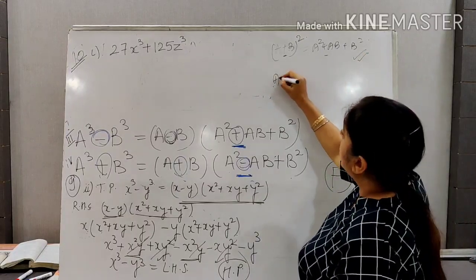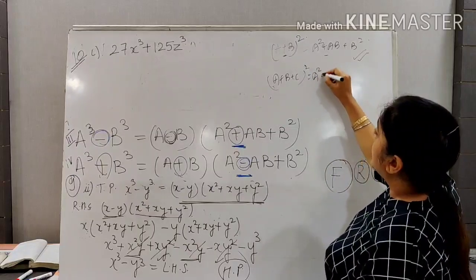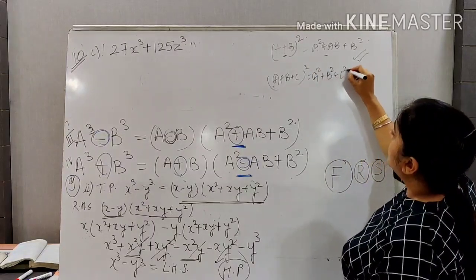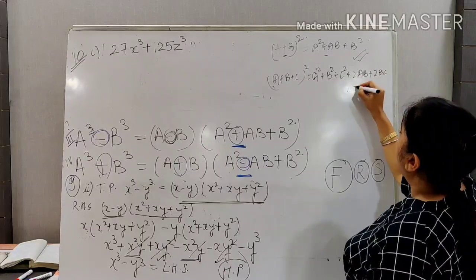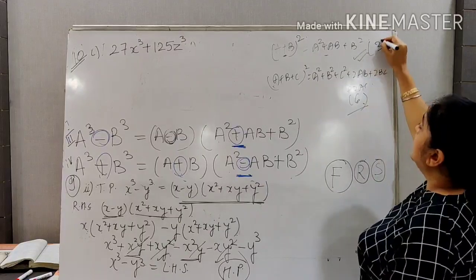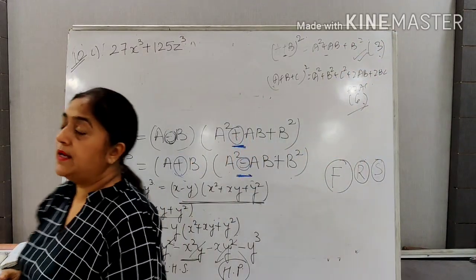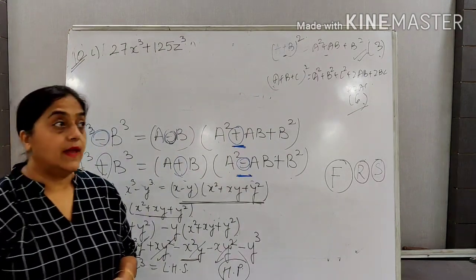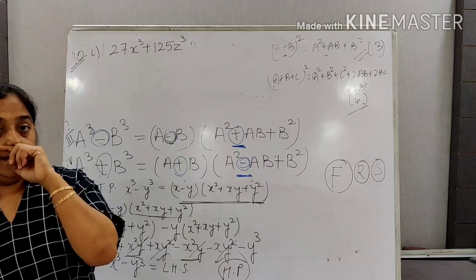And when we did a plus b plus c whole square, you remember it was a square, b square, c square, 2ab, 2bc and 2ac. How many terms? 6. How many terms? 3. So that was because you have various formulas in the algebraic identities. So that is the way to recognize which identity is to be used.